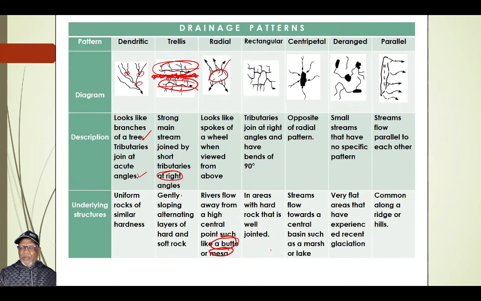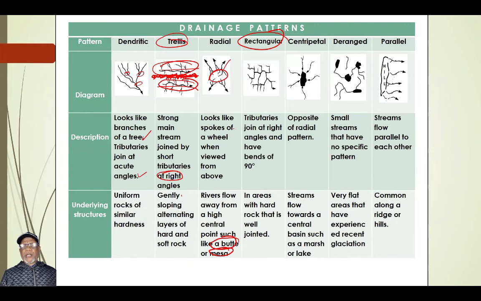And then we have rectangular pattern. As the name says, rectangular, the tributaries join at the right angle. So with a rectangular pattern together with the trellis pattern, what is similar with them? The similarity between rectangular pattern and trellis pattern is that tributaries join the mainstream at the right angle.